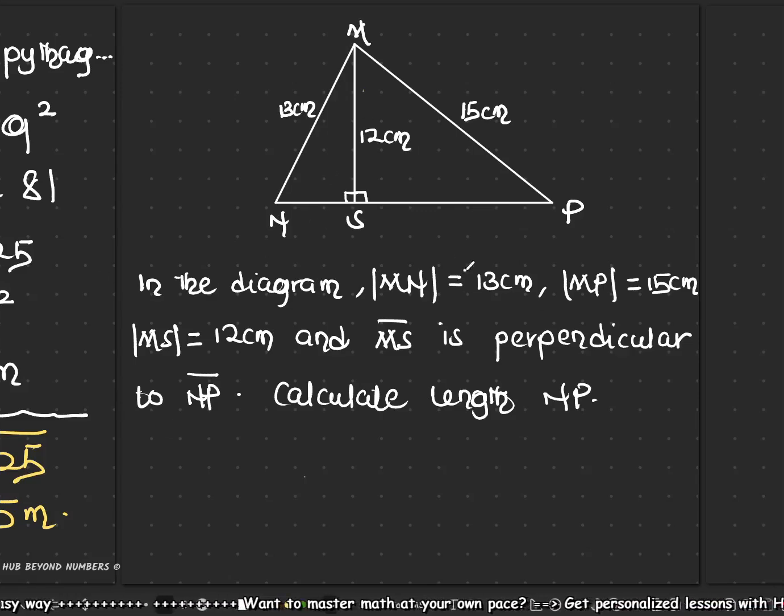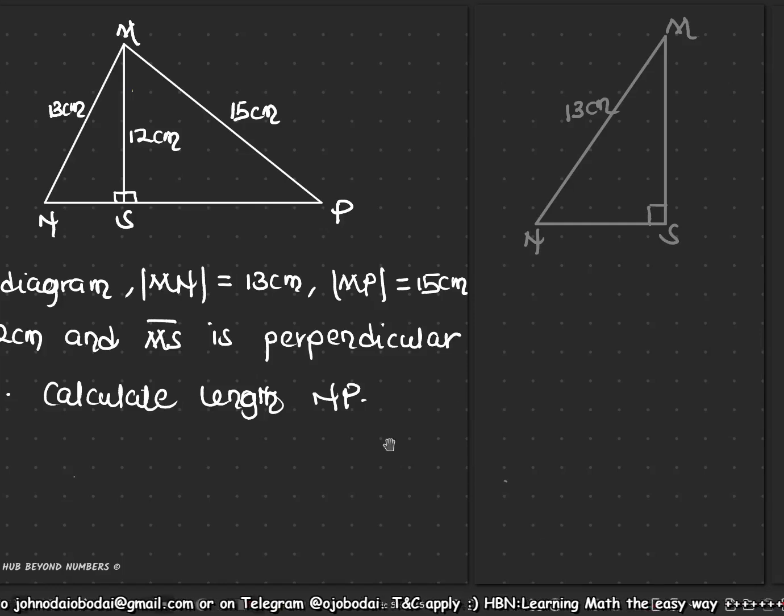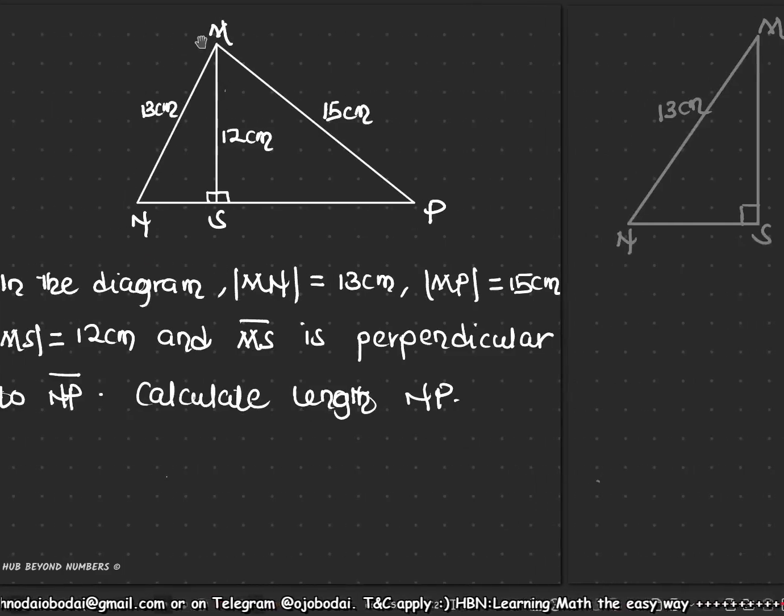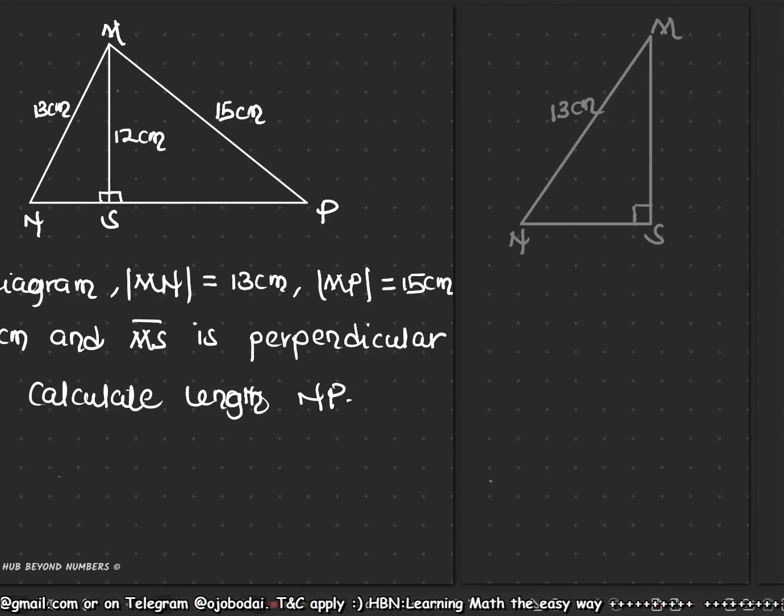So I'm going to draw this triangle again here, then we solve for the NS. Just as we can see from the diagram, I have drawn this right angle triangle here, and I want to solve for NS. So how do we go about it? We want to use the Pythagoras theorem.